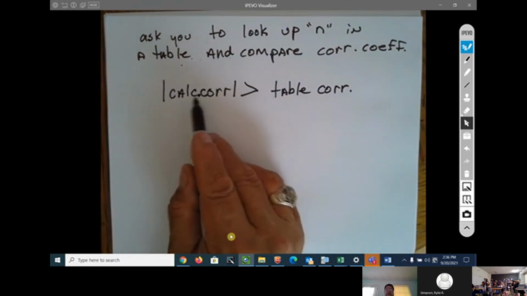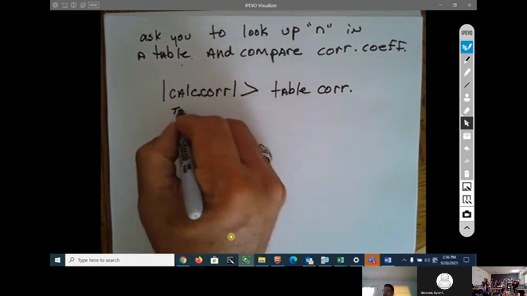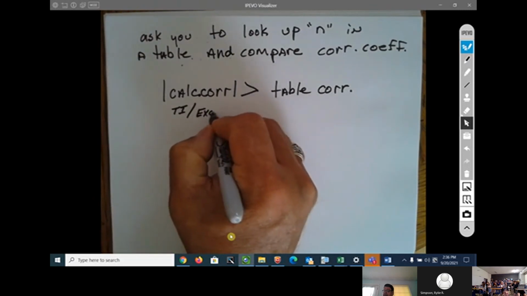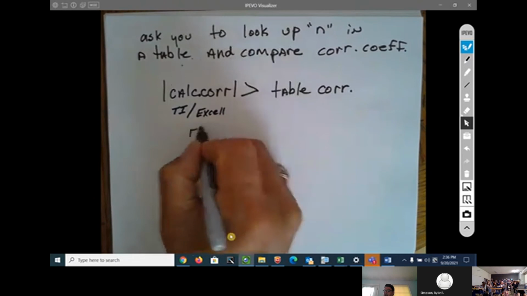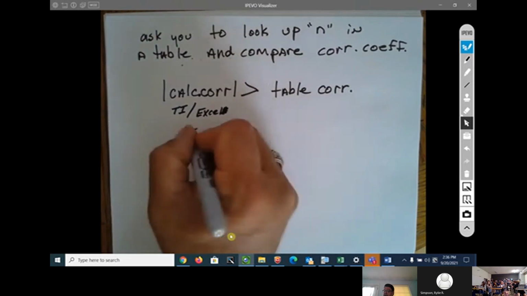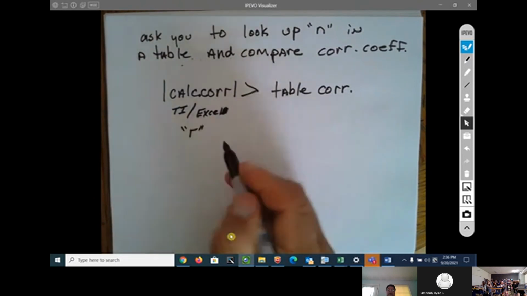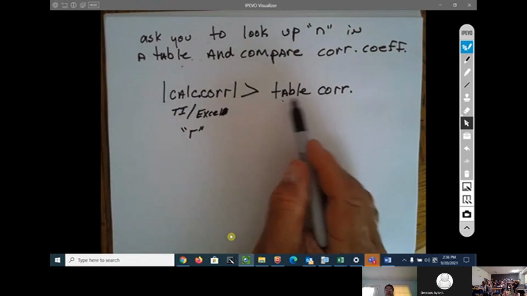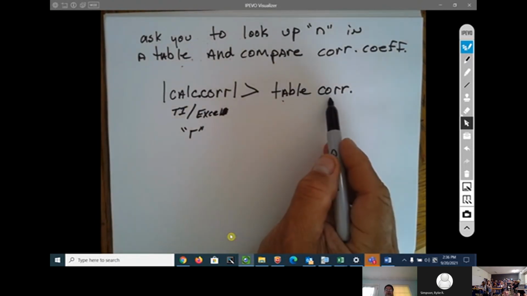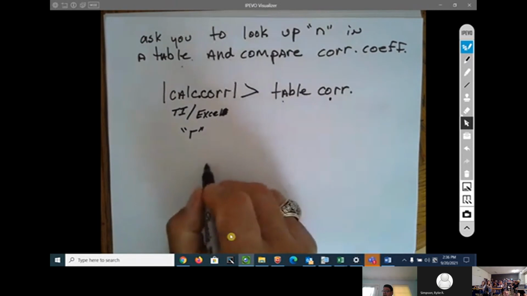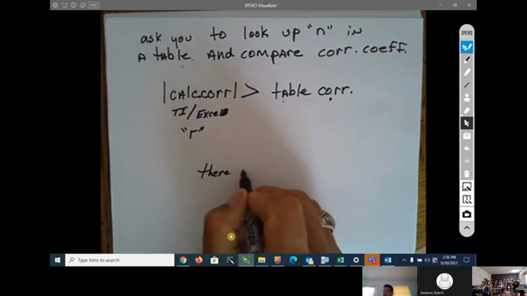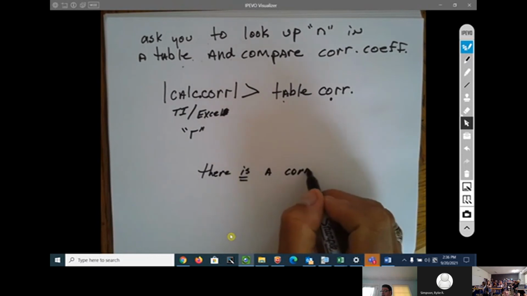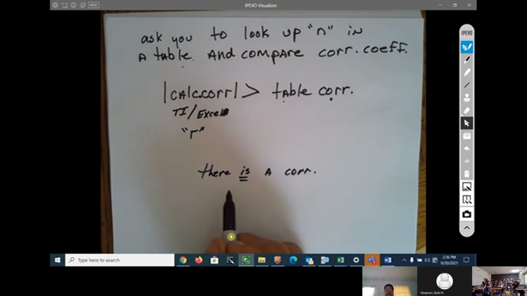If the calculated correlation, what you get on your TI or Excel spreadsheet, R, it's not with two L's, is greater than the table correlation that you're going to look up, then there is a correlation.